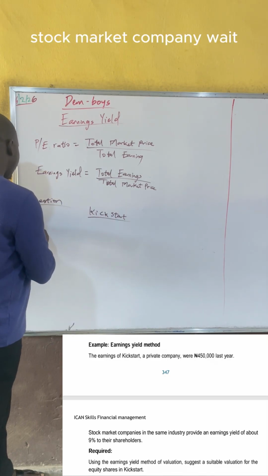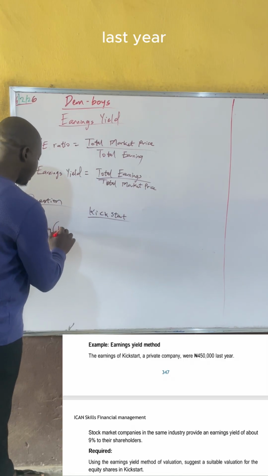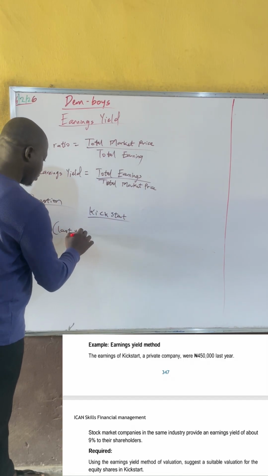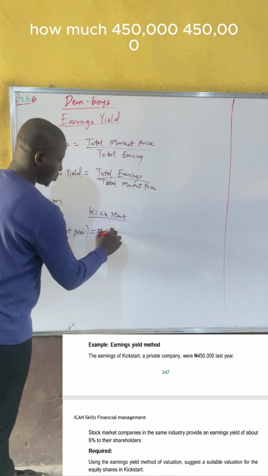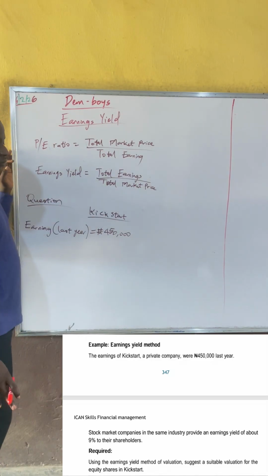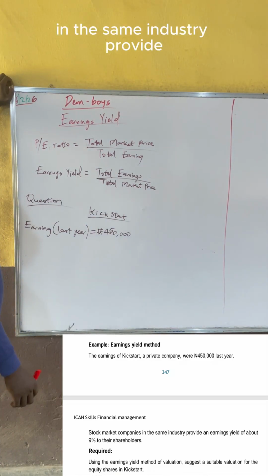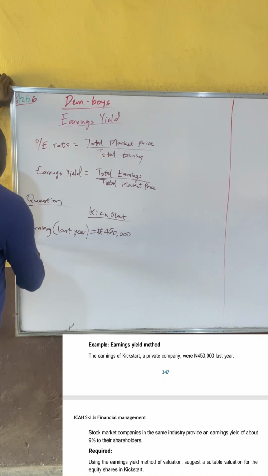Stock market companies in the same industry provide an earnings yield of about 9% to their shareholders.